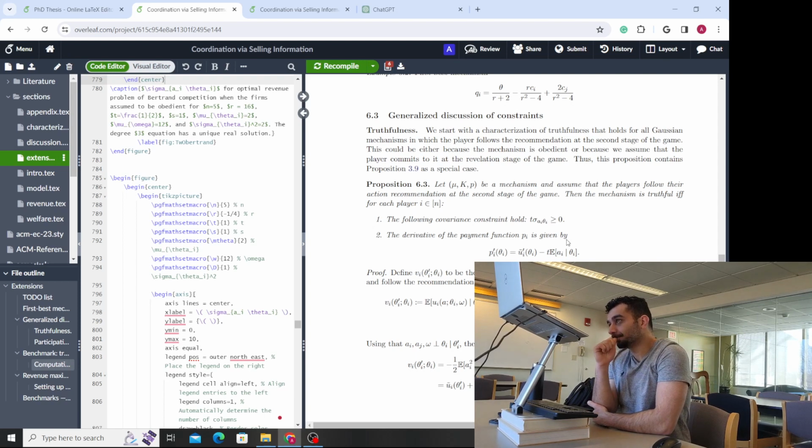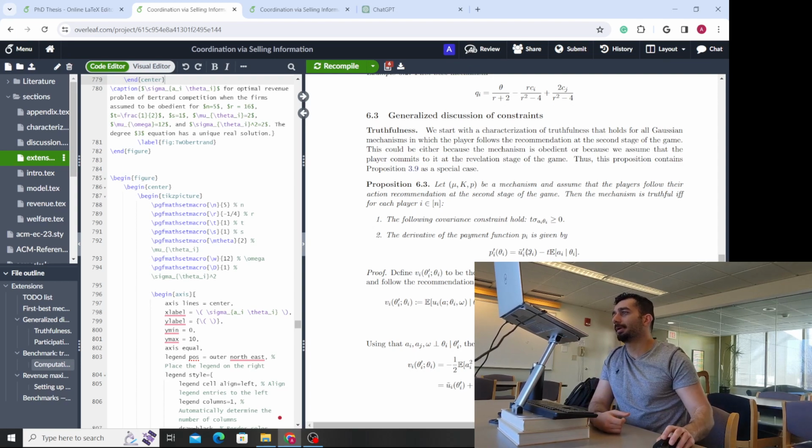Hmm. 3.9, okay. Well, this is the same. What is six sections?